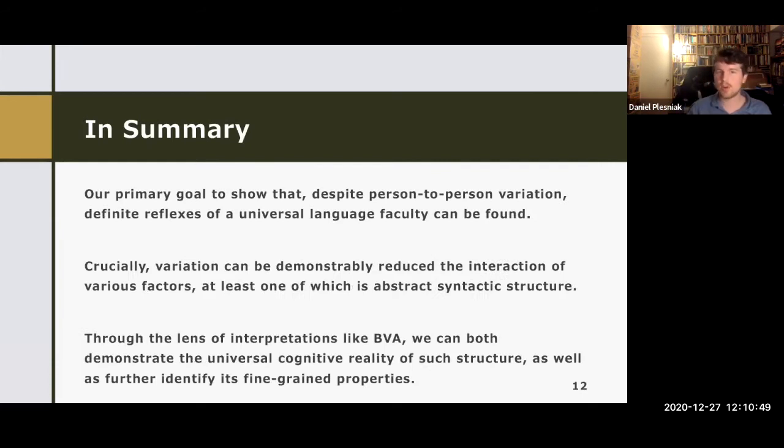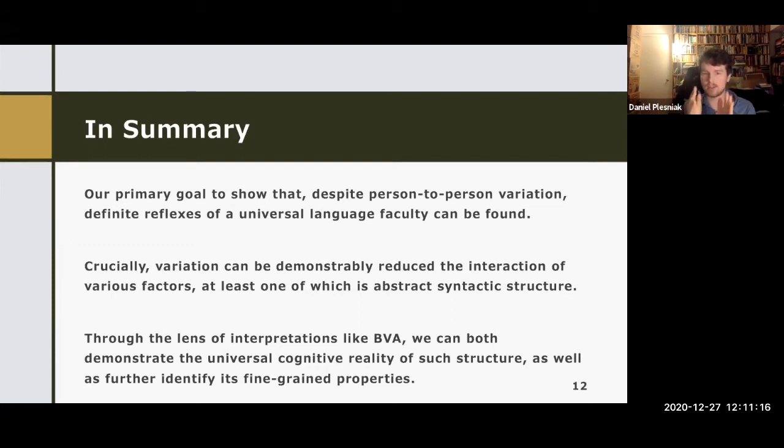But just in summary for this first section, our primary goal then is to show that despite all this variation, some of which is really true variation, we can still find definite reflexes of a universal language faculty. There are truly hard and fast laws of language. They just have to be laws that account for variation. And importantly, the variation that exists can be reduced to interactions of these different factors.